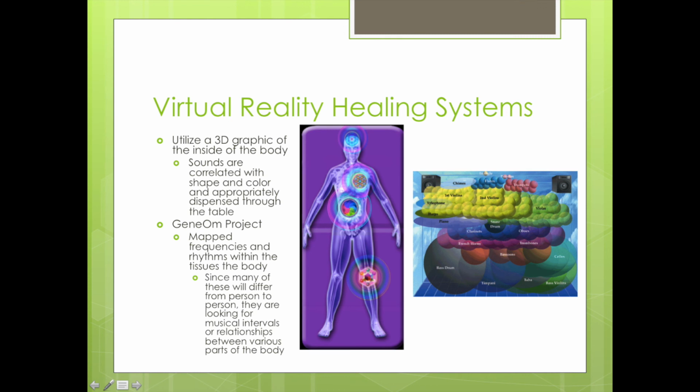Their assumption is that patterns will begin to emerge within those musical intervals noted. But it's important that the tissues are in a state of good health and functioning efficiently. So you can see why this requires a lot of time and research. Most people do not have optimally functioning organs. And additionally, there may end up being more unique characteristics per individual than can adequately be calculated.